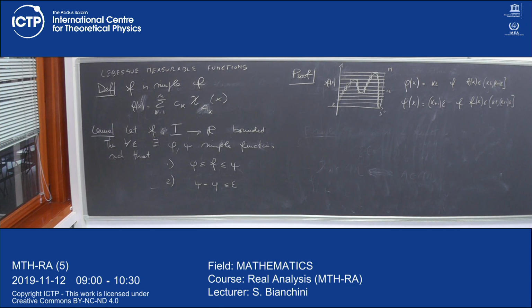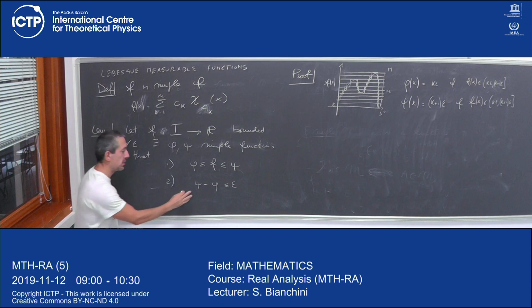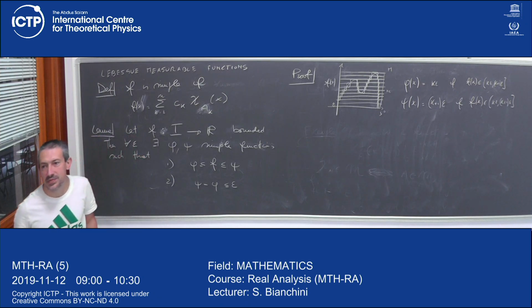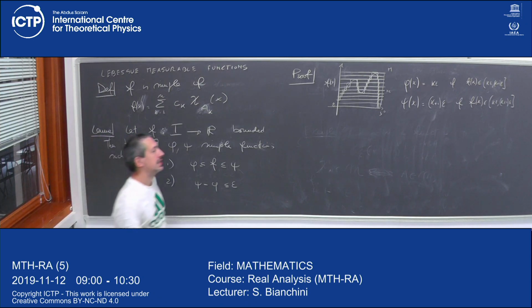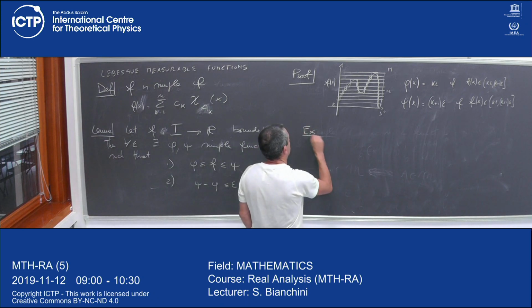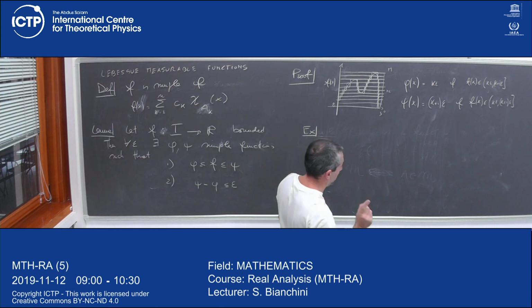The functions are defined. Is it true that f is in between? Yeah. Is it true that the difference is epsilon? Yes. So now, we have to show that Riemann was very smart, but here Lebesgue was smarter.